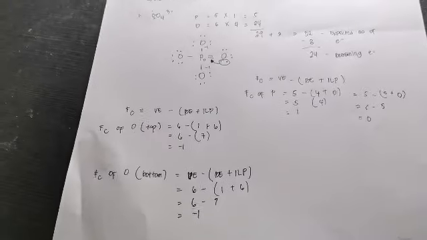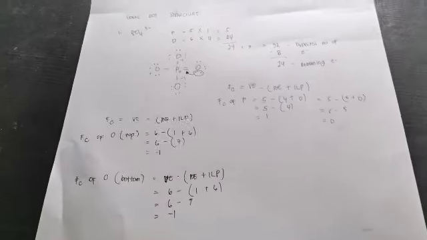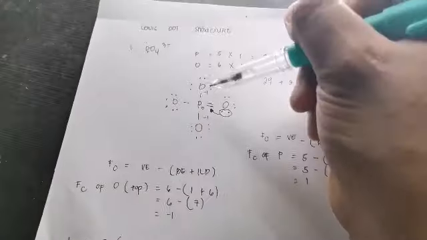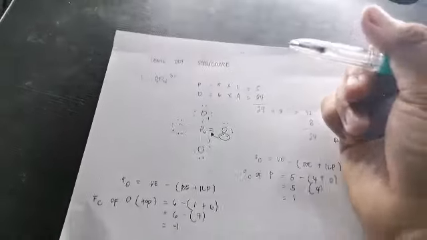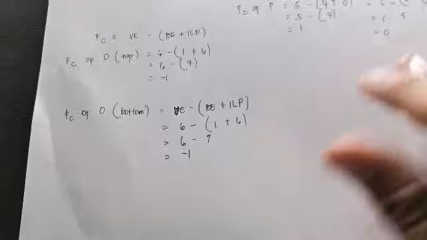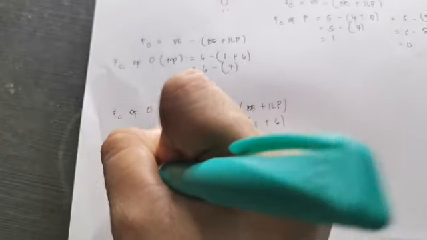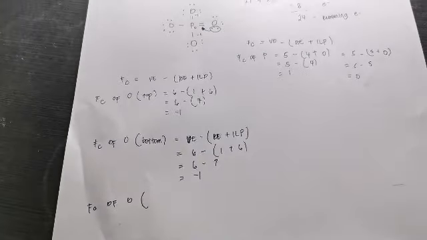Okay. So, tapos na natin sa top, tapos na po natin sa bottom. Now, let's proceed to the right. Okay, so we have the left, right. Okay. So we have the same formula that you are going to use. Same lang po. So FC of oxygen. So anong position?